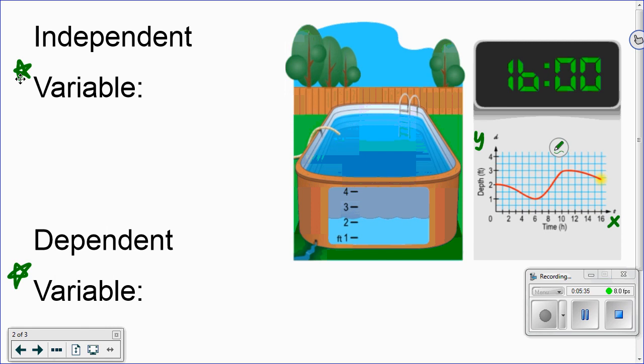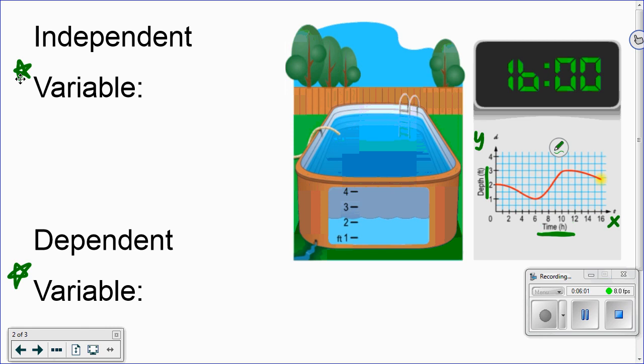Does the time or the hours depend on the depth of the pool? Or does the depth of the pool depend on how many hours have passed? So one more time. Do the hours that have passed depend on how high or low the pool is? Or does how high or low the water is in the pool depend on the time that has passed?